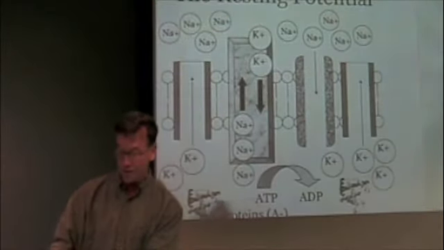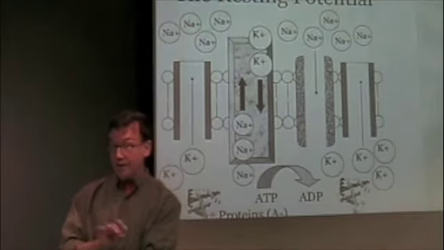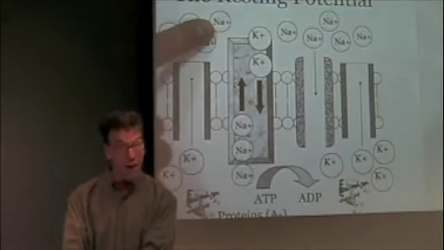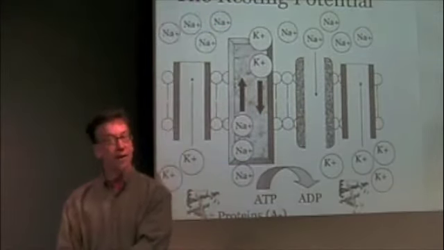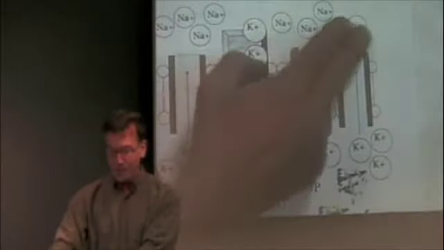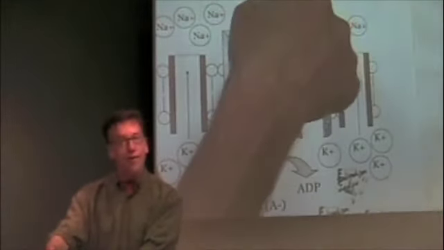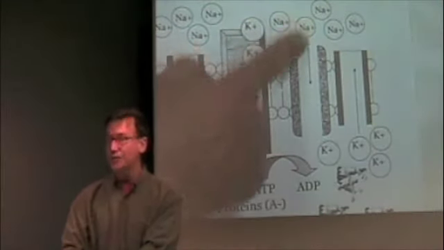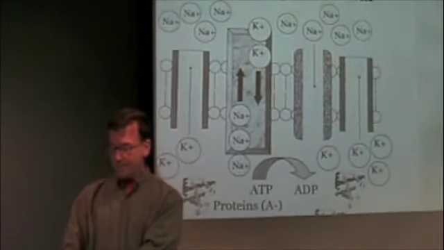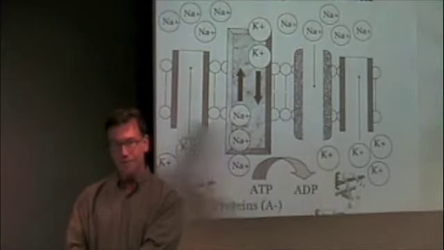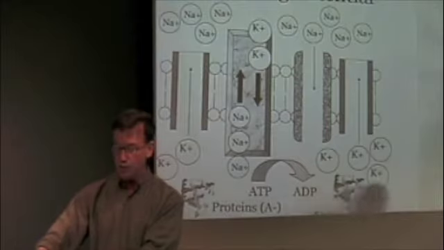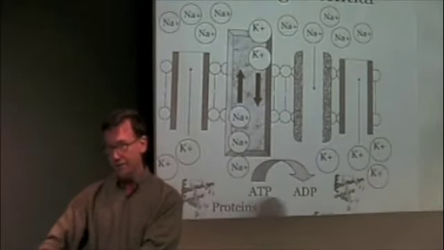Remember, you also have proteins on the inside, which tend to be negatively charged, so it is going to be more negative on the inside than the outside. So the electrical force is going to drive sodium inside the cell. It's massed out here, and it's going to be driven by at least 2 forces, electrical and concentration gradient, to enter the cell.